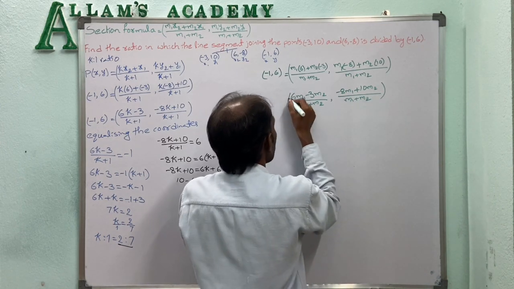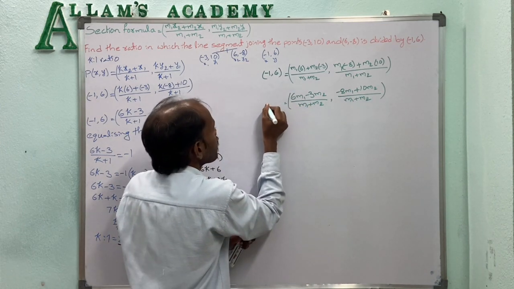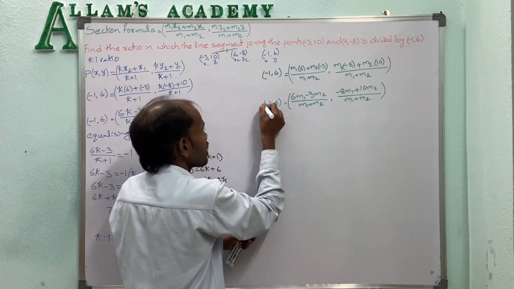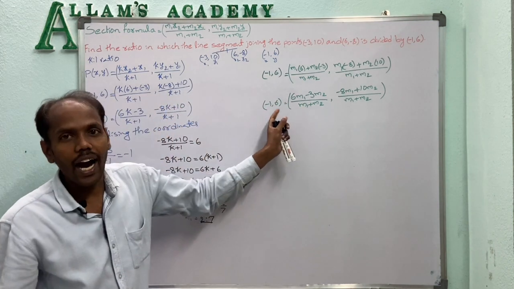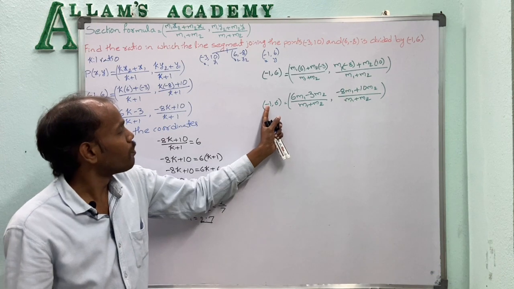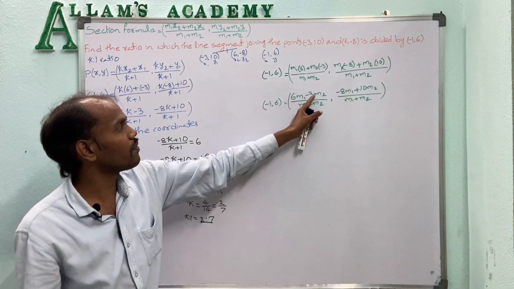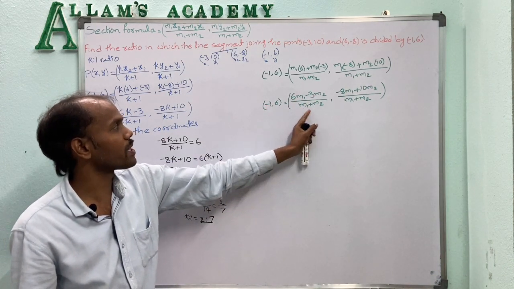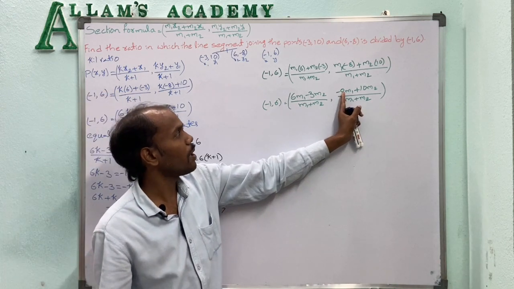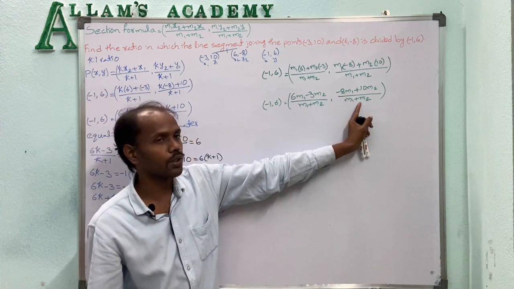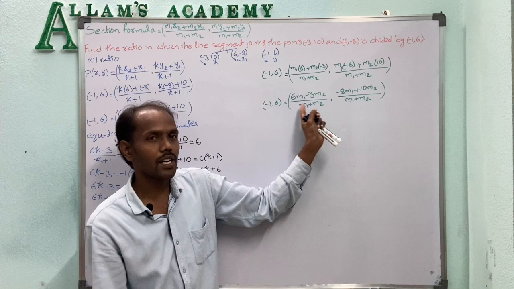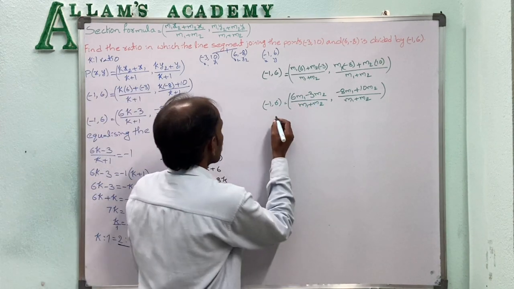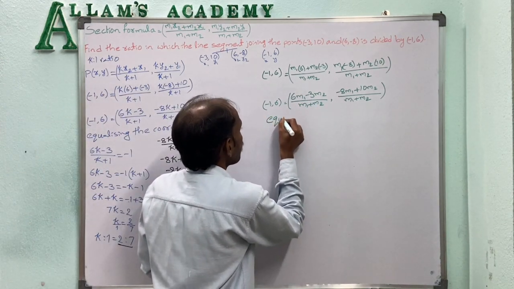This one point is equal to the point (-1, 6). Now here also -1 is equal to (6m1 minus 3m2) by (m1 plus m2), and 6 is equal to (-8m1 plus 10m2) by (m1 plus m2). Why? Because both the points are equal. So here also equalizing the coordinates.